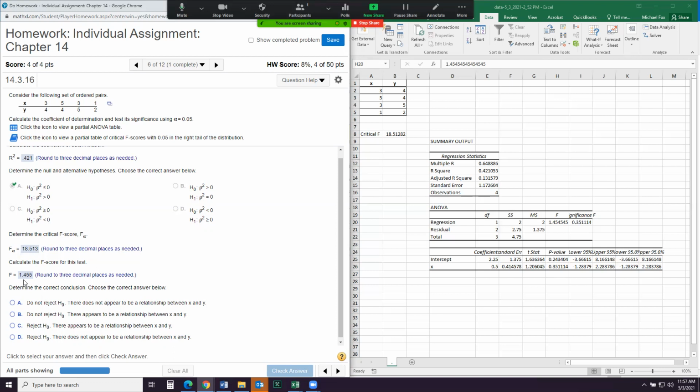That's what alpha 0.05 means, a 95% confidence that our population coefficient of determination would be greater than 0. So I am not going to reject my null hypothesis.